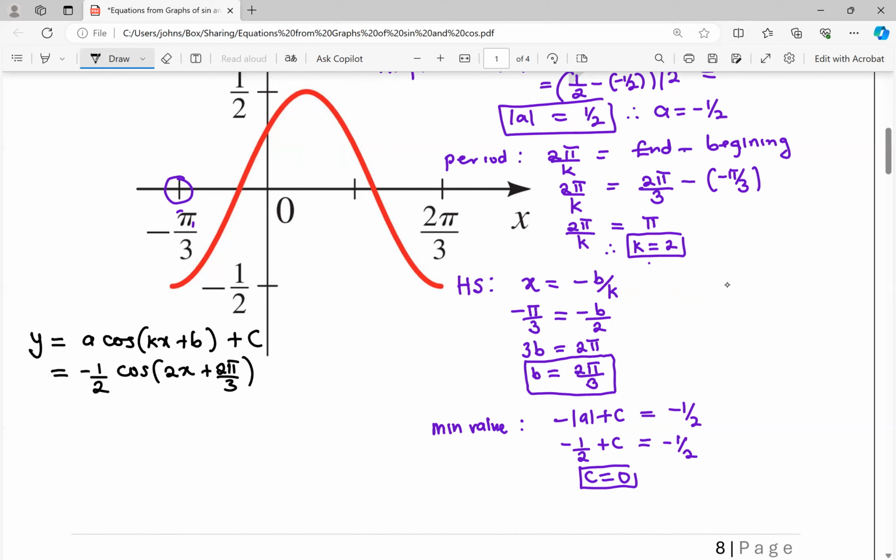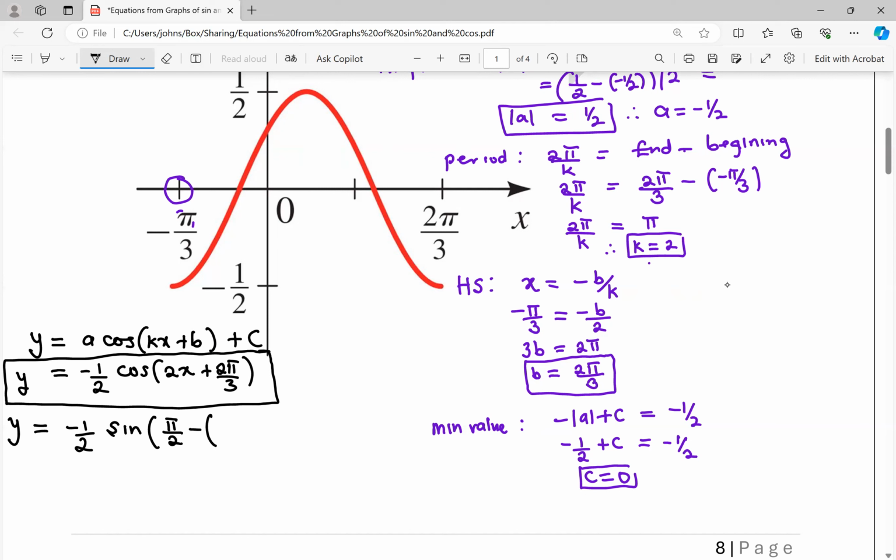And C is 0, so there's no need. We can stop here. Now we can convert this to sine. So this becomes sine, then 90, which is pi over 2, minus everything, which is 2x plus pi over 3.